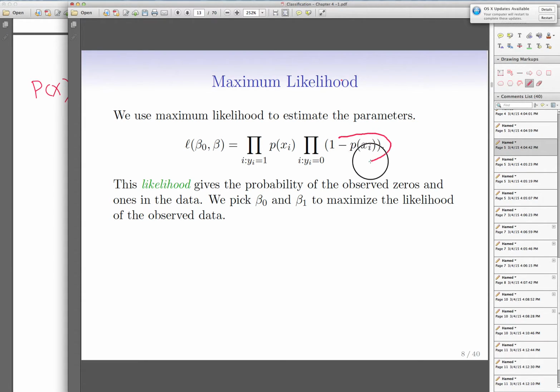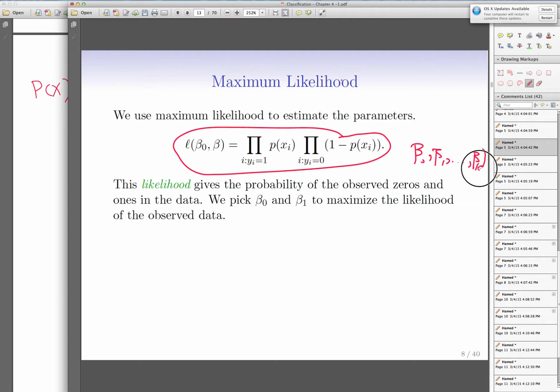That is slightly above the level of our course, but for those who have more advanced backgrounds, the way you can estimate beta 0, beta 1 through beta k, the coefficients of our predictors, is through the maximum likelihood method. And in my opinion, maximum likelihood is the most powerful method out there, because you can use it for any application.